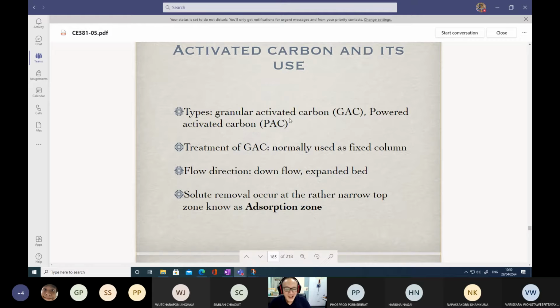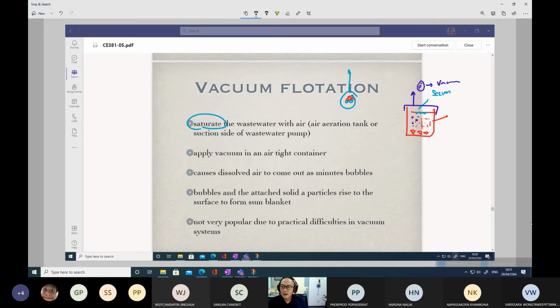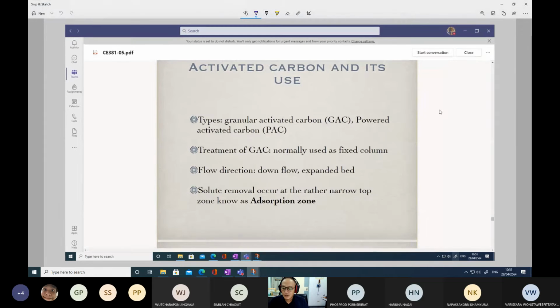Okay, so there are two types of activated carbon. The granular form we mostly use as a fixed column, just like a filter. Instead of sand or anthracite, we put granular activated carbon. But the powder we use like this. Sometimes we use a tank with mixing, and we put the wastewater inside this tank.